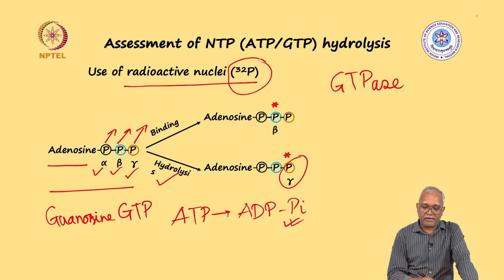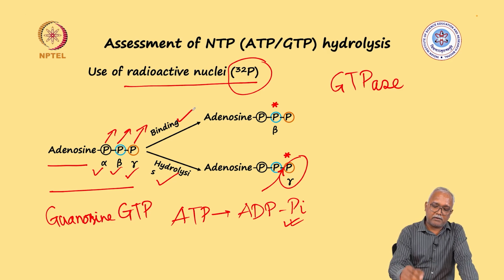So, when in an experiment you have ATP where gamma phosphate is labeled and you provide a kinase, what will happen? The kinase, by virtue of its activity, will cut this bond and release the radioactive Pi, and the radioactivity of released material or free material can be detected using the scintillator counter.